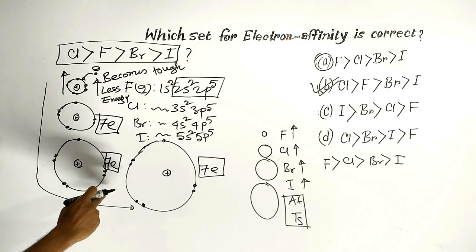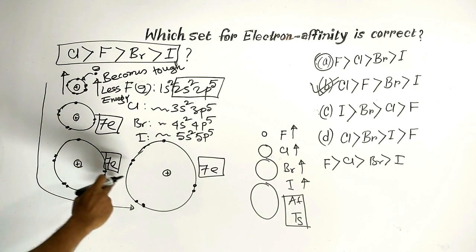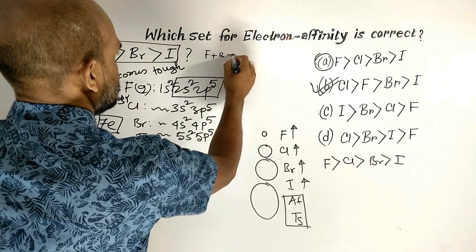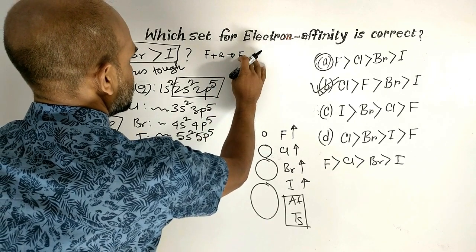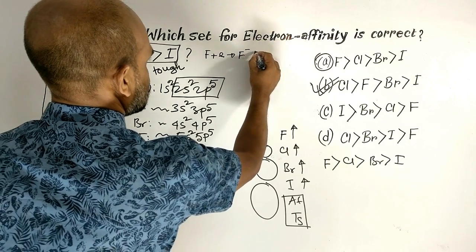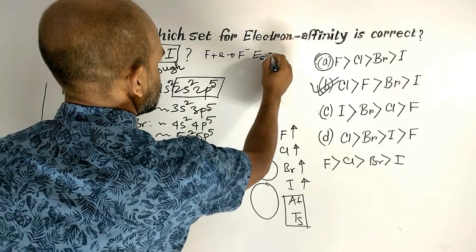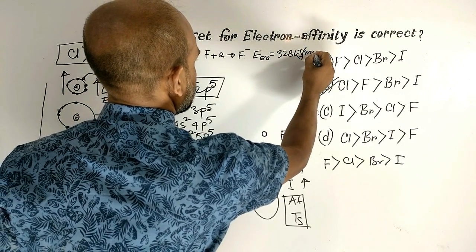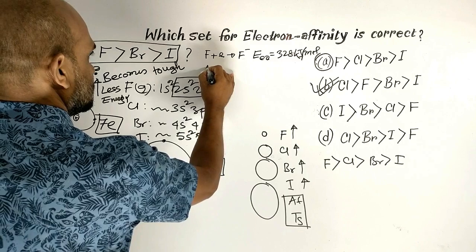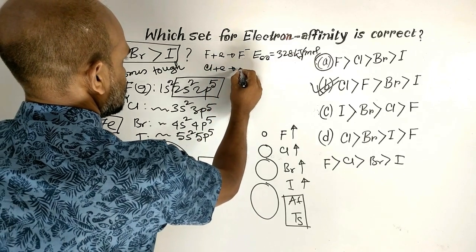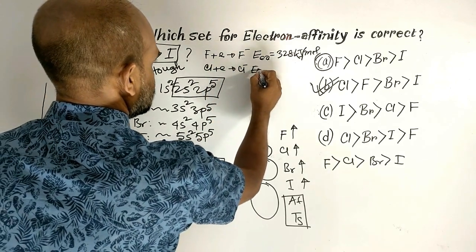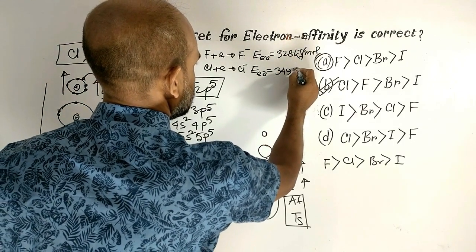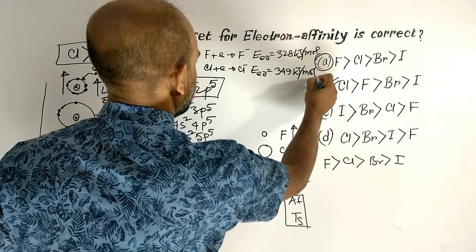Now let us see the amount they actually release. Fluorine receives 1 electron to form a uninegative ion, and at that time it releases 328 kilojoule per mole. Then chlorine releases 349 kilojoule per mole.